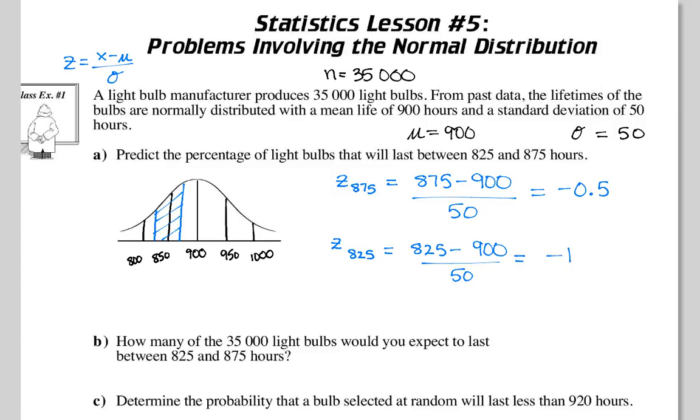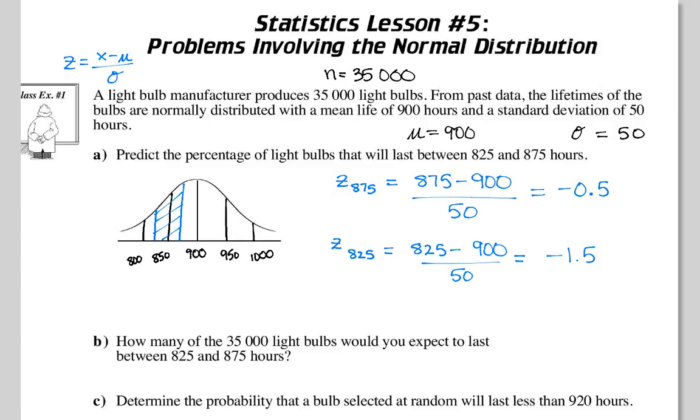I got negative 1.5. Okay, so let's give you about 30 seconds to catch up. And then we're going to plot these z-scores on our curve. You guys got that written down?